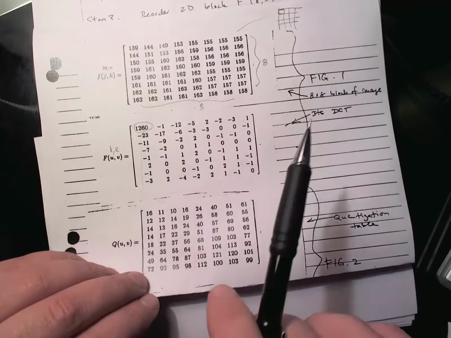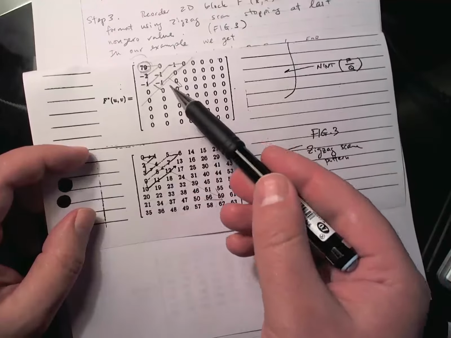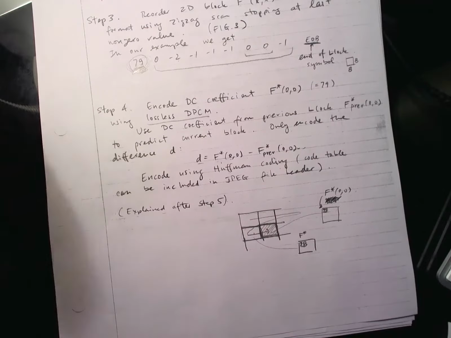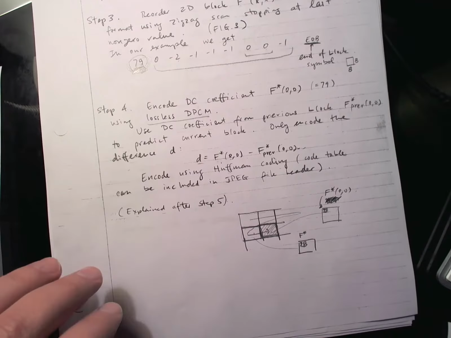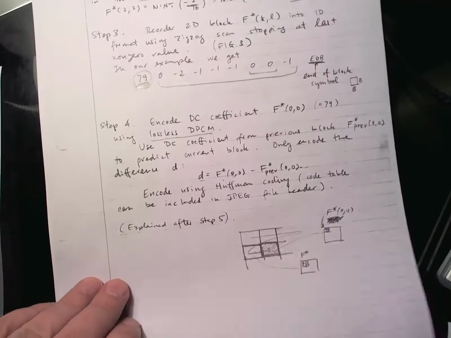We then did this quantize step, which gave us this. We read it out into a series of numbers. We then attacked this one using that other trick from before.